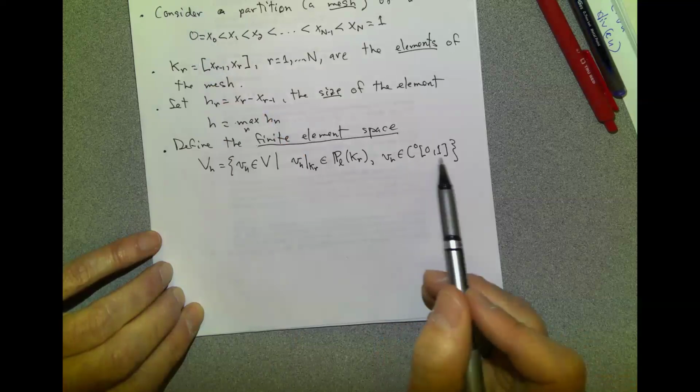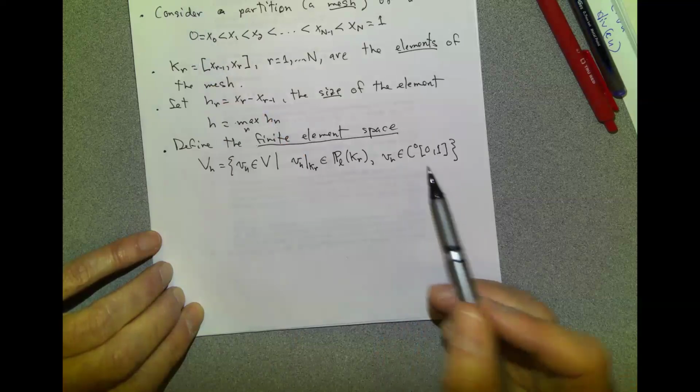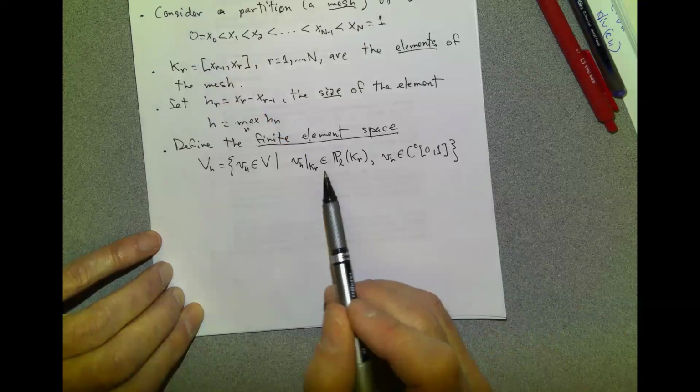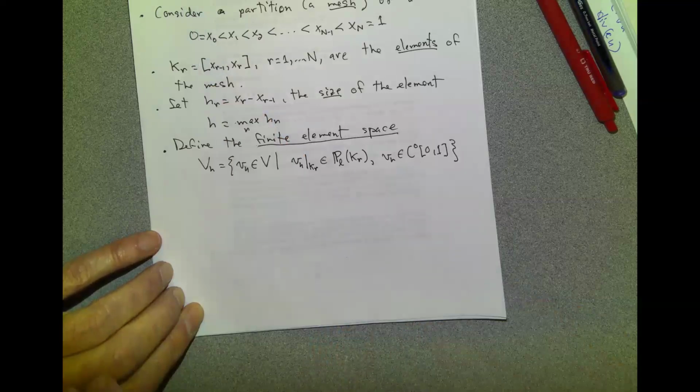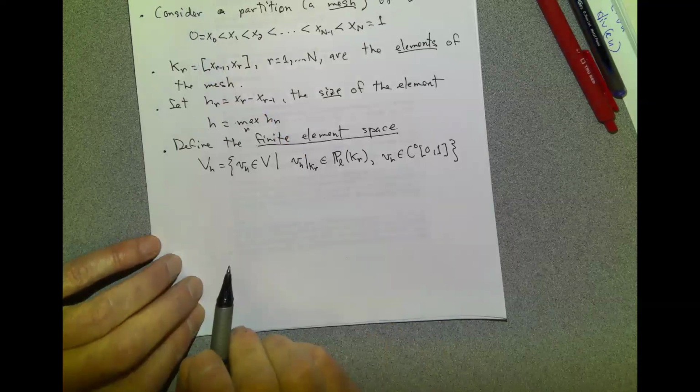And moreover, the advantage is that there is a theorem saying that if I have functions that are polynomial on each element and continuous across the boundary, they do belong to H1. In fact, it's possible to say that not only in dimension 1 but more than that.